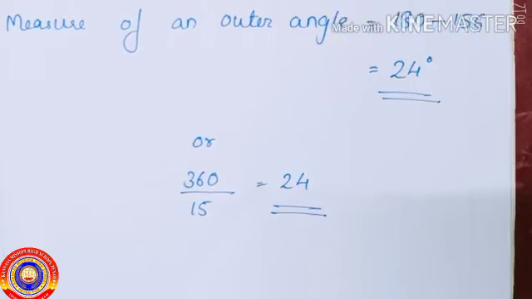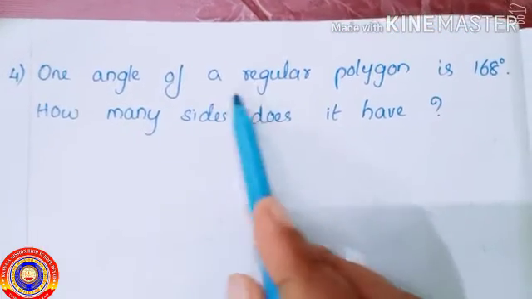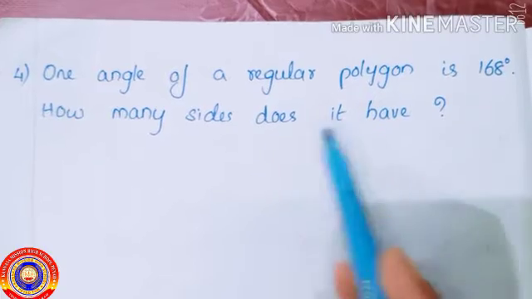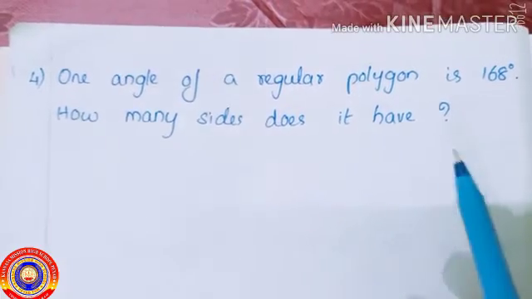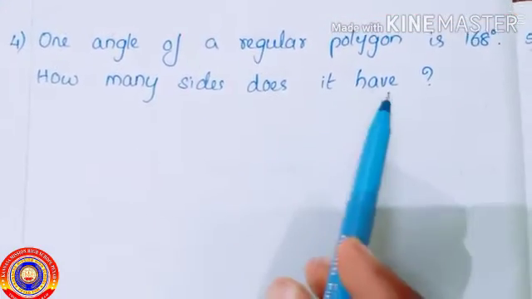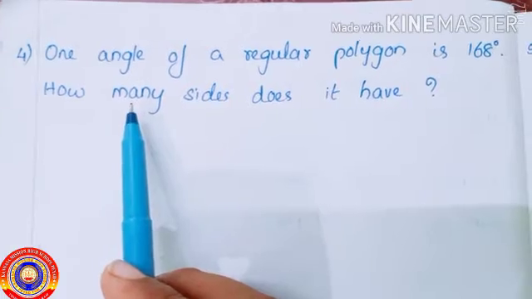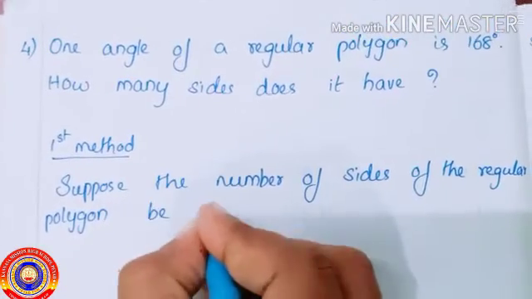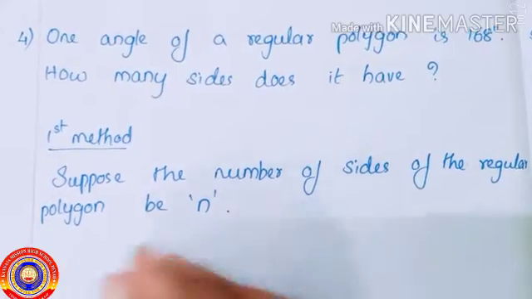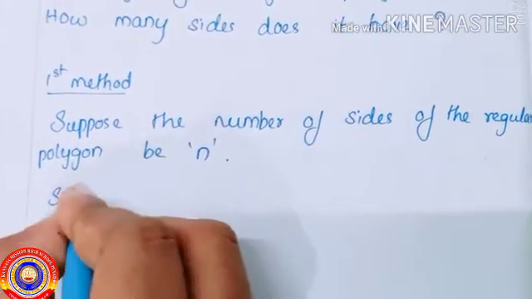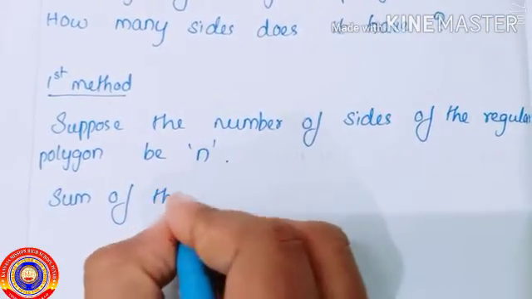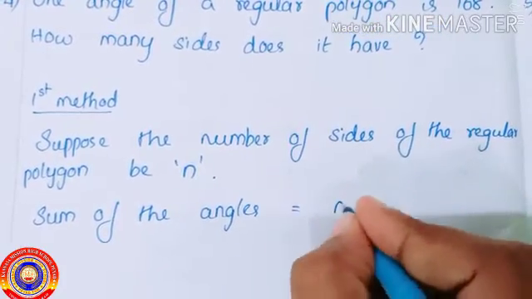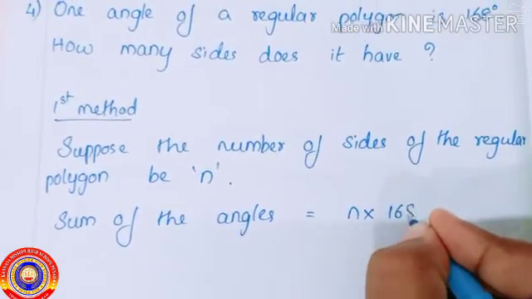Fourth question, one angle of a regular polygon is 168 degree. How many sides does it have? Here we can use two methods to solve this problem. The first method is, suppose the number of sides of the regular polygon be n, then sum of angles is equal to n into 168.